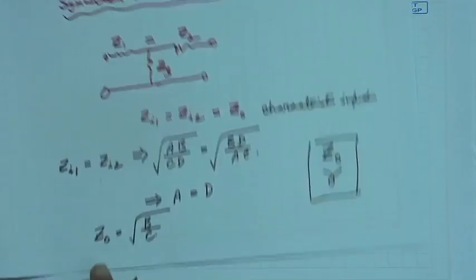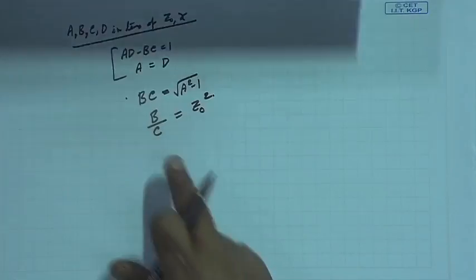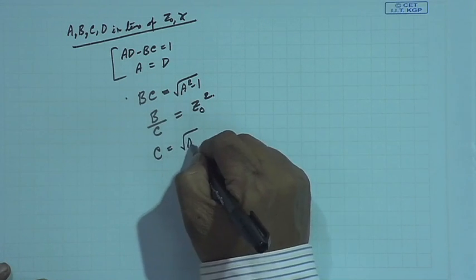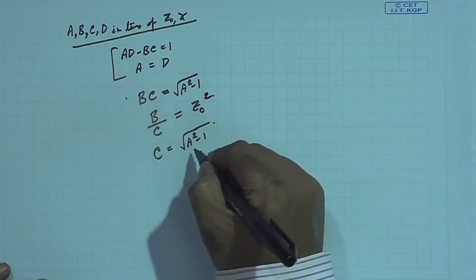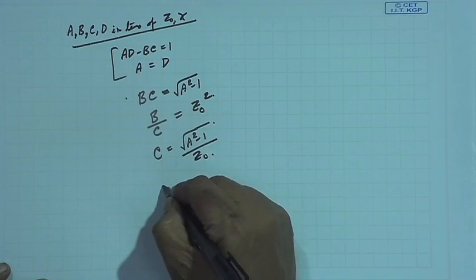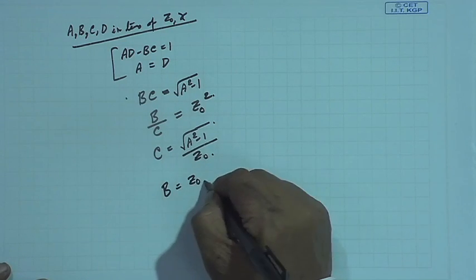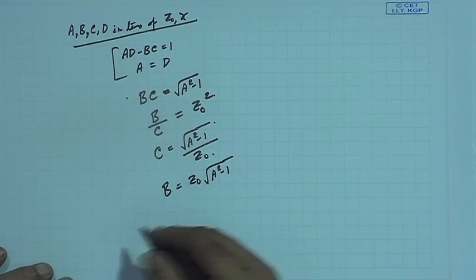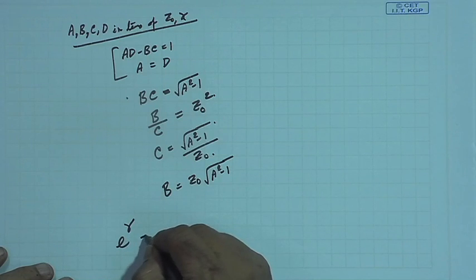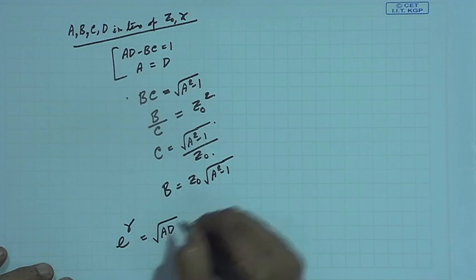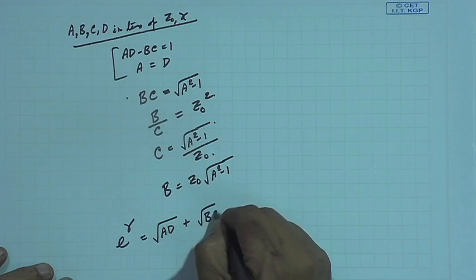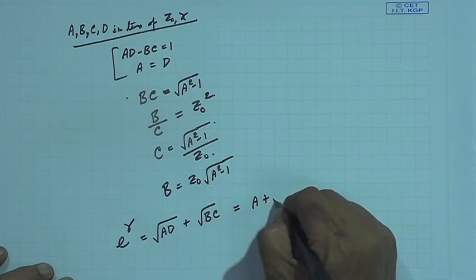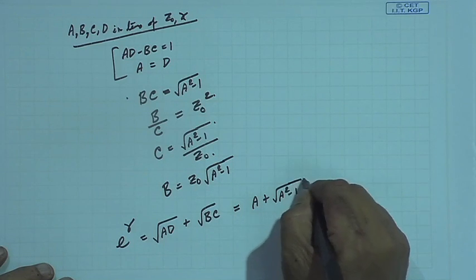You see this one Z0 we have found as root of B by C. So, from this you can find out the value of C is root over A square minus 1 by Z0, and B is Z0 root over A square minus 1. And what is e to the power gamma? Earlier we have seen it is AD plus BC. Now, in terms of this, I can write it as A plus root over A square minus 1.